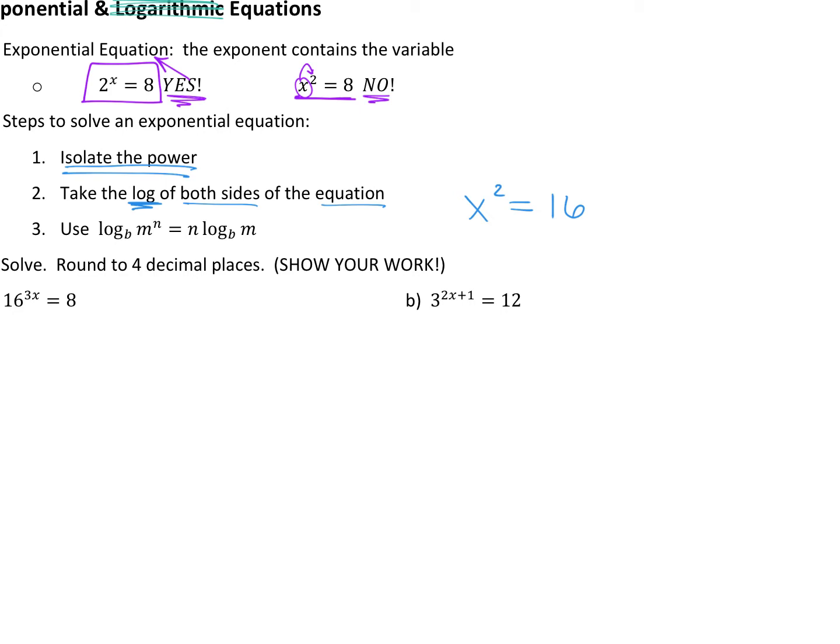We square root both sides of the equation to get that out of there to simplify. Same goes for logarithms and exponentials. If we have an exponent set up, we would take the log, the inverse, of both sides to solve it. So that's what we're going to do today, okay?